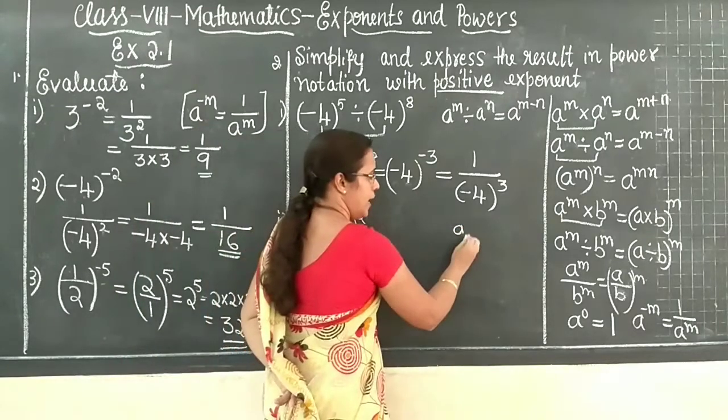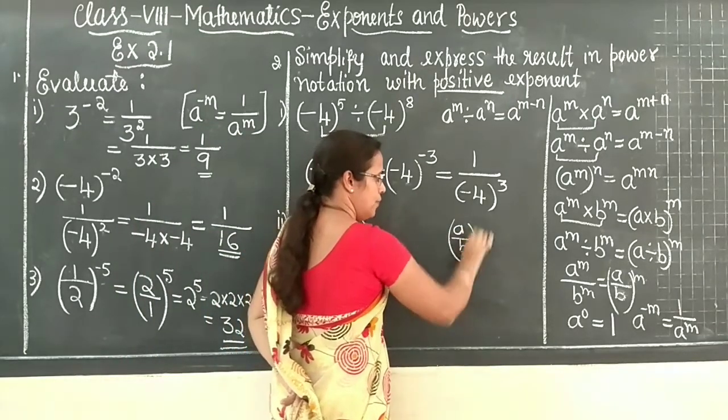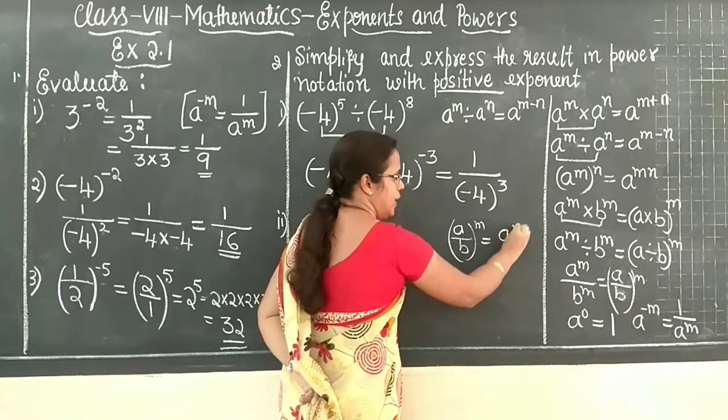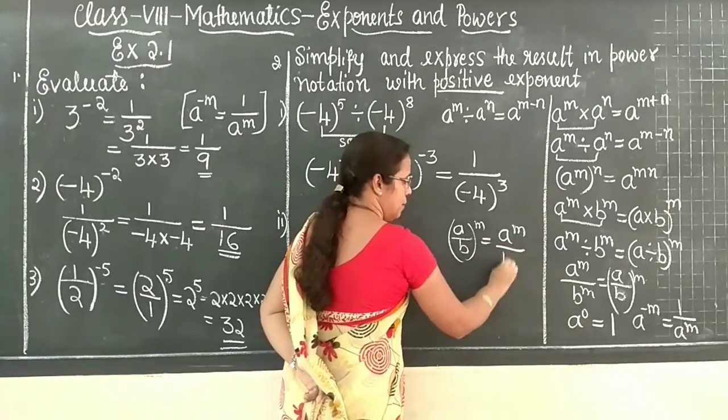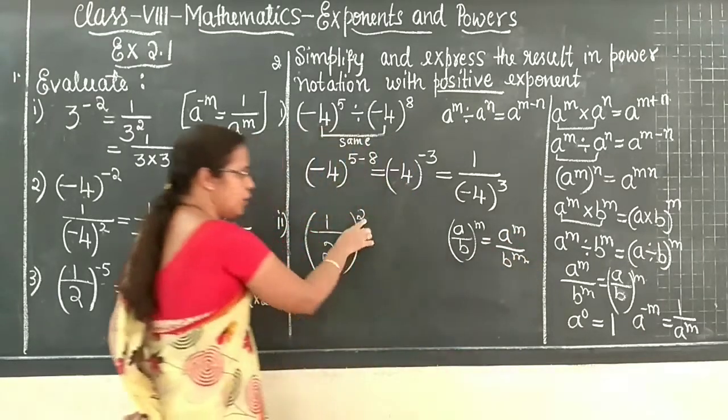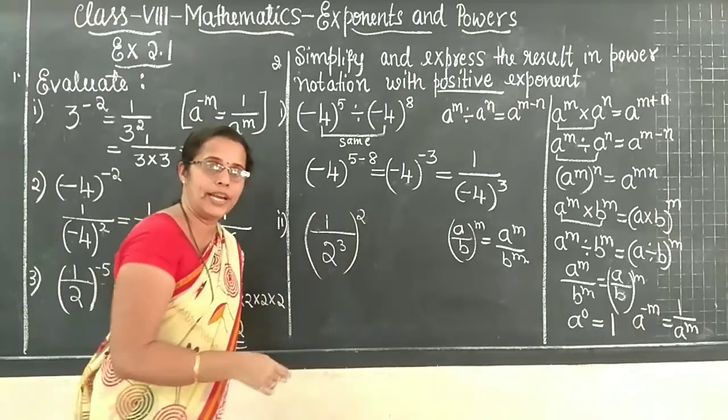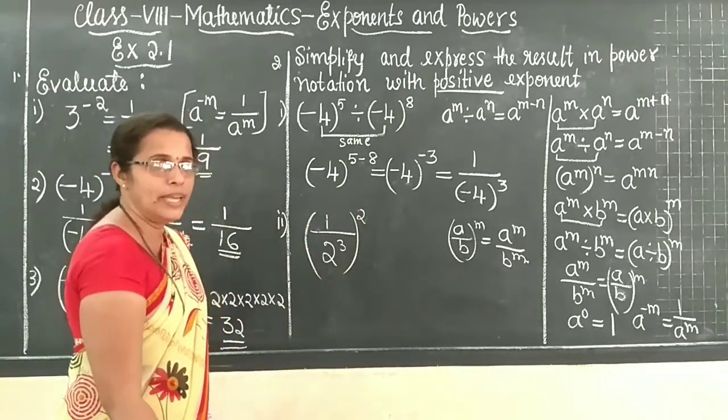A by B whole to the power m is equal to A to the power m by B to the power m. The power law we apply for both the numerator as well as the denominator.